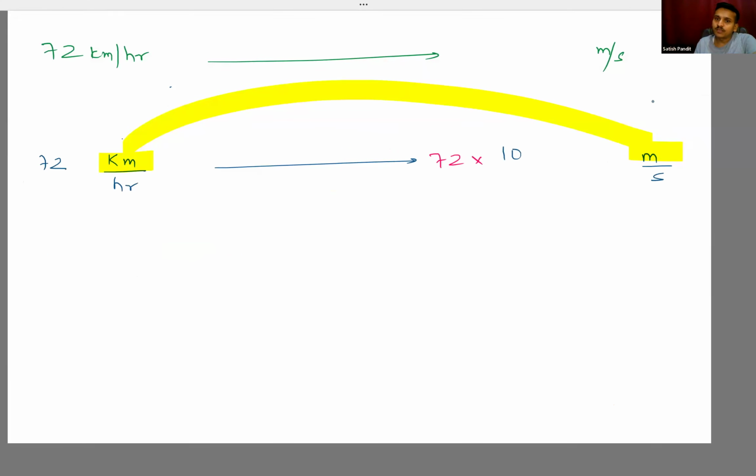That means kilometer to meter is 1000. Hours into seconds is 3600. 1 hour has 3600 seconds. You have to remember this. So double zero gets cancelled, and 36 twice is 72, and 2 into 10 is 20. So the answer is 20 meter per second.